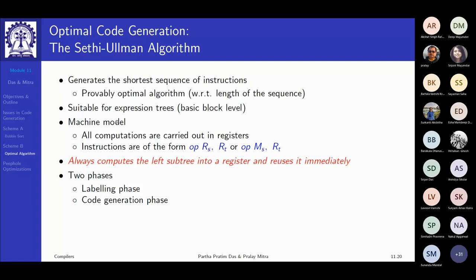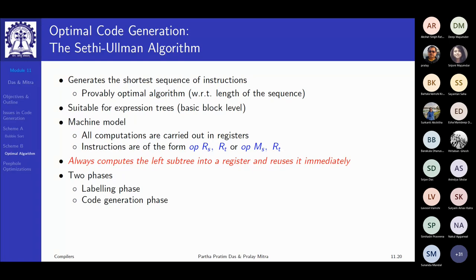Now again, what is the abstract machine that we are assuming here? We assume that all computations are carried out in registers. That is, the result will have to be in a register. And instructions are of the form that you have seen: operation RS, RT or operation MS, RT. That is, the left operand could be a register or a memory address, but the result will always have to be in the register.